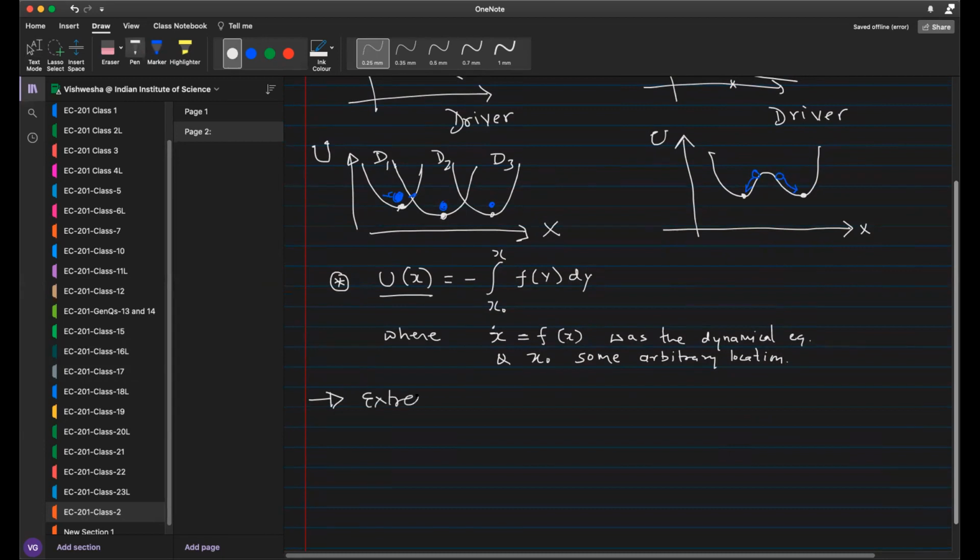Extrema of u of x correspond to equilibrium of the dynamical equation.